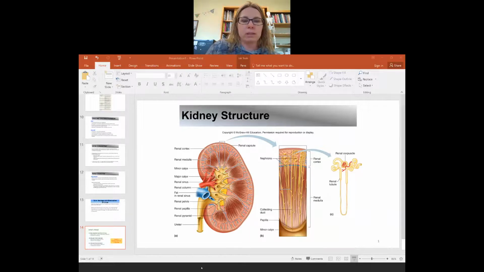With the respiratory system, you'll want to know the upper versus lower respiratory system, and then the functions for all the structures. What does the larynx do? What is the function of the alveoli and so forth? We talked about ventilation, so know what that definition means.